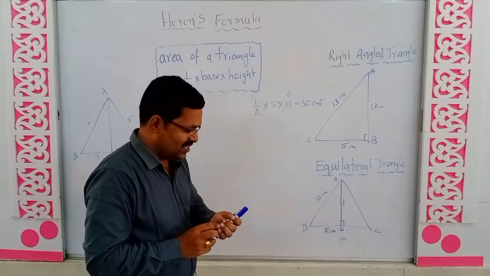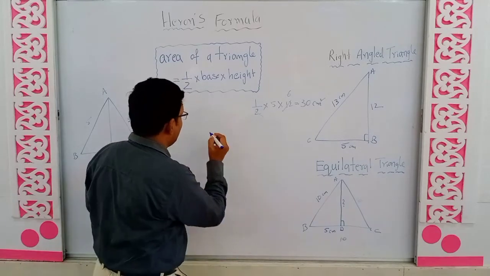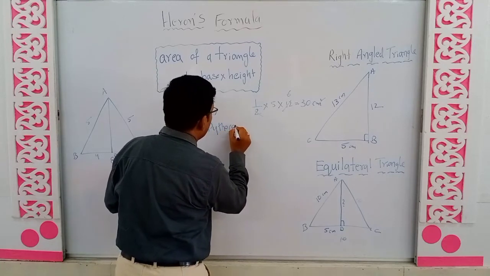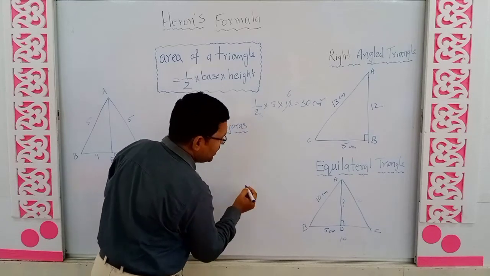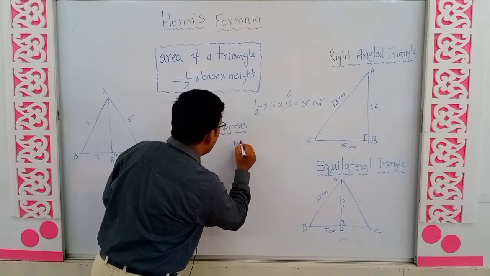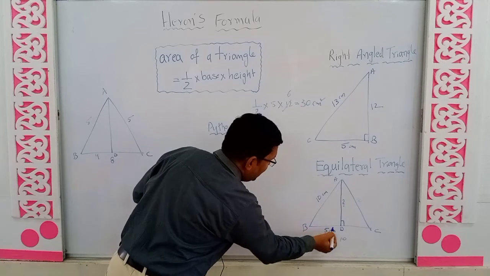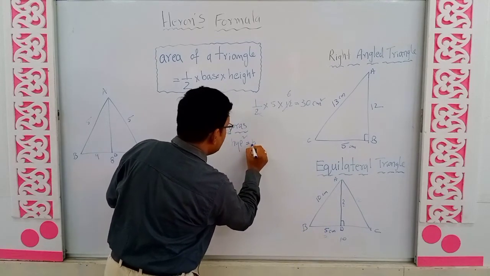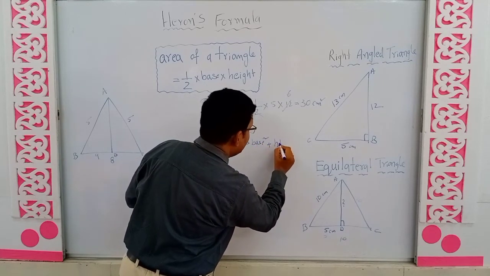How are we going to do it? We know it. What is that? Pythagoras theorem. By Pythagoras theorem, hypotenuse square is equal to base square plus height square.